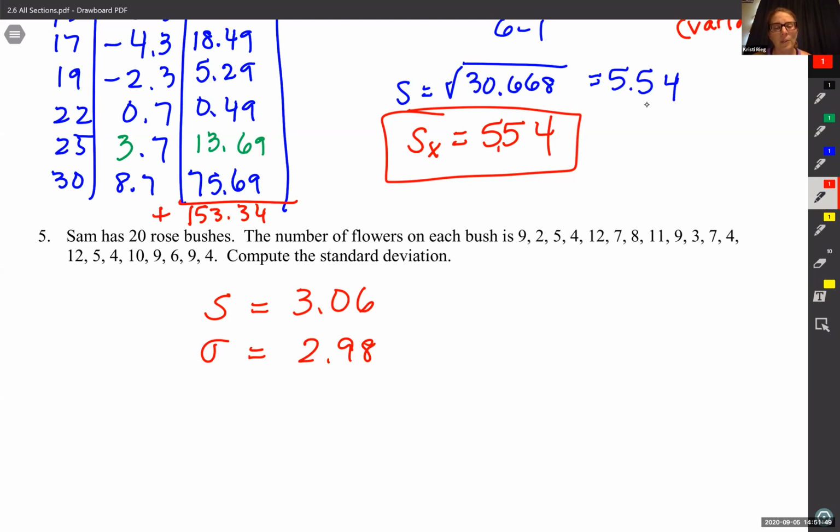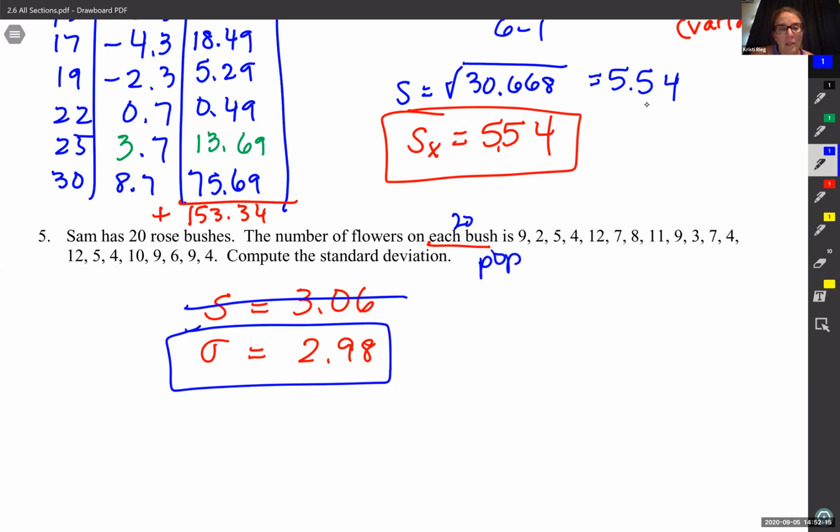And somebody went through and counted the number of flowers on each of Sam's 20 rose bushes. It doesn't say that, but it does say each bush, and you can count and see that there's 20 pieces of information there. So this is a population problem. Each of the 20 bushes makes this a population problem, and a population problem is sigma.